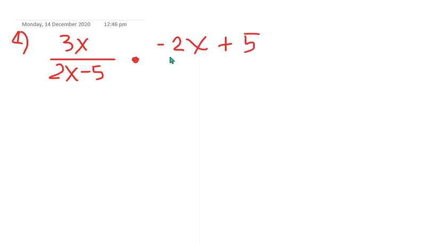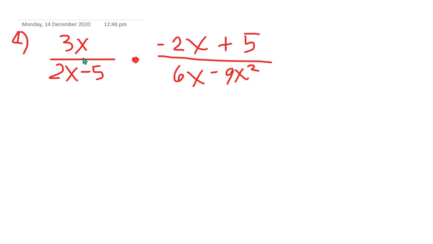So if we have 3x over (2x minus 5), times (negative 2x plus 5) over (6x minus 9x squared). Okay?